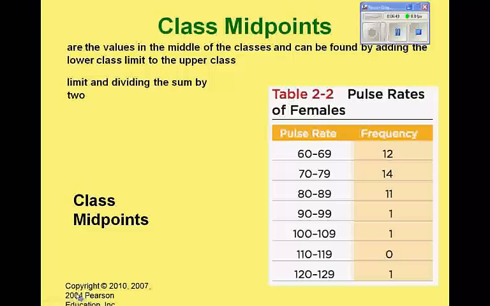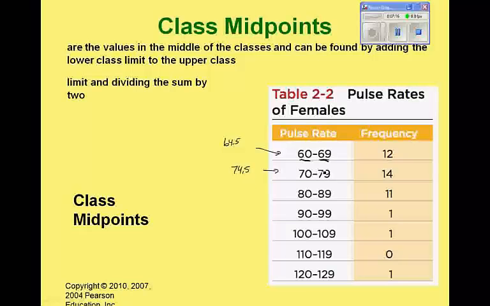Finally, class midpoints, the values in the middle of the classes. So you can add these limits together and then divide by 2. In other words, the class midpoint for this first class here would be 64.5, or the class midpoint here would be 74.5, not 75.